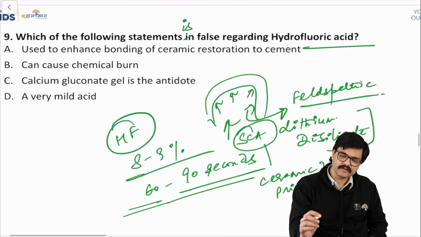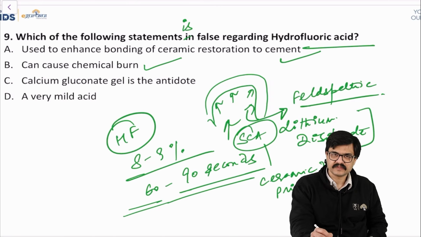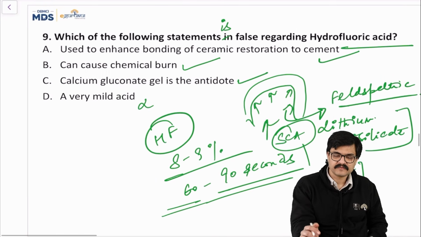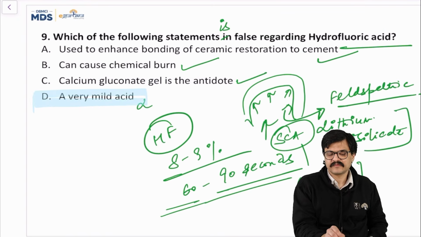And now what is he saying? Which of the following statements is false regarding HF? It is used to enhance bonding of ceramic restoration to cement. Now that's a true statement. It can cause a chemical burn. Yes, it's a very strong acid. Calcium gluconate is the antidote. Yes. It is a very mild acid. That's false, okay? So that's the answer. Why? It is a very strong corrosive acid, okay?